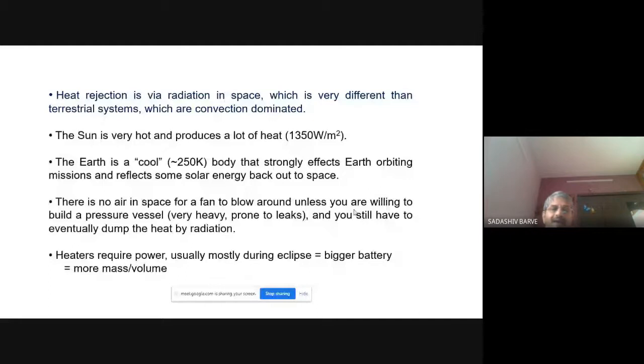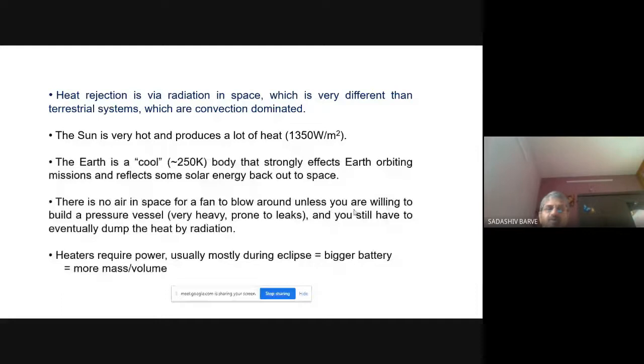During that time you do require some kind of backup power, which is provided by a battery. A bigger battery means more mass and volume.